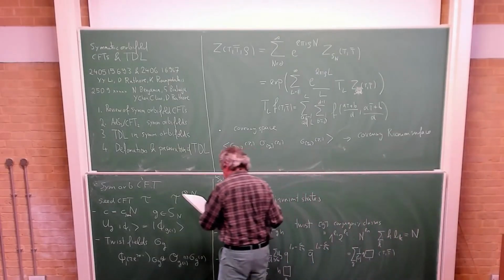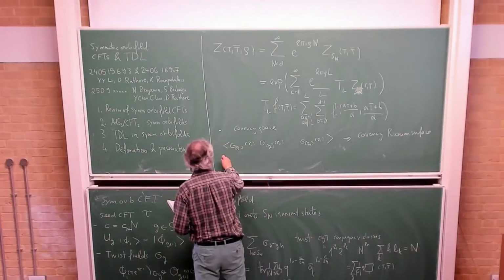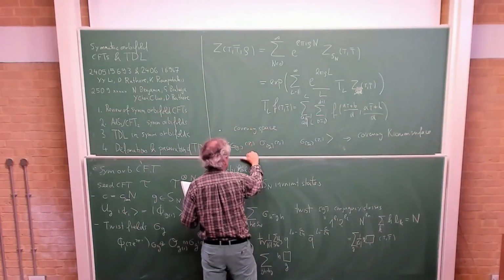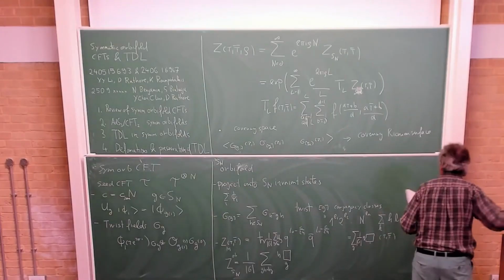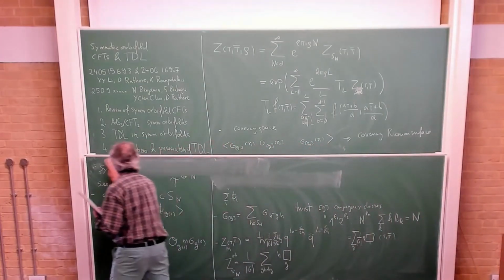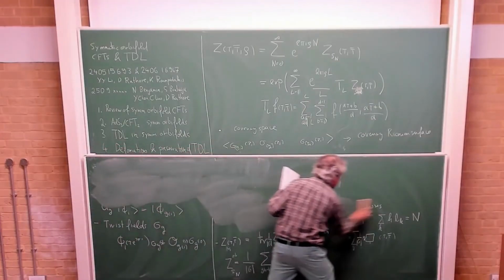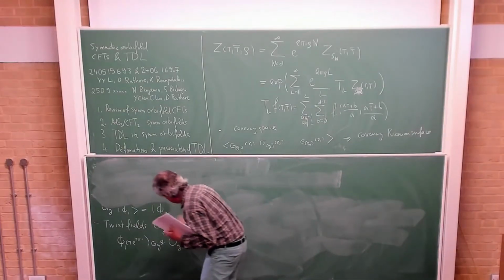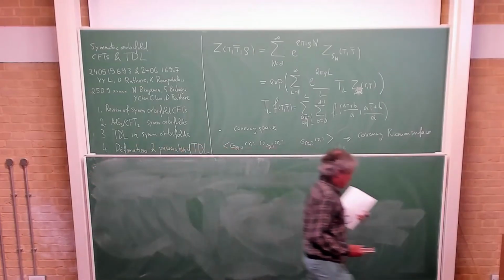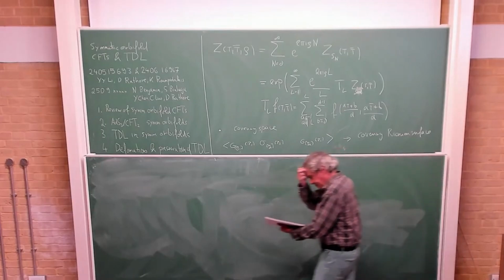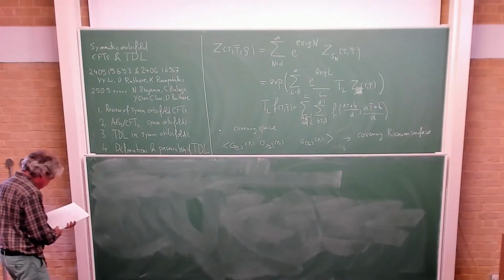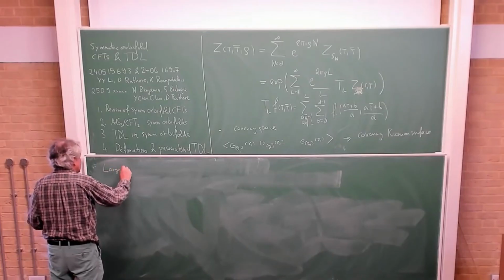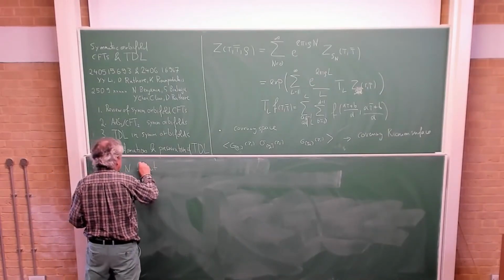So, namely, that there is... this is obviously not deriving anything, it's just a statement of facts that in a large N limit, there are dominant contributions.